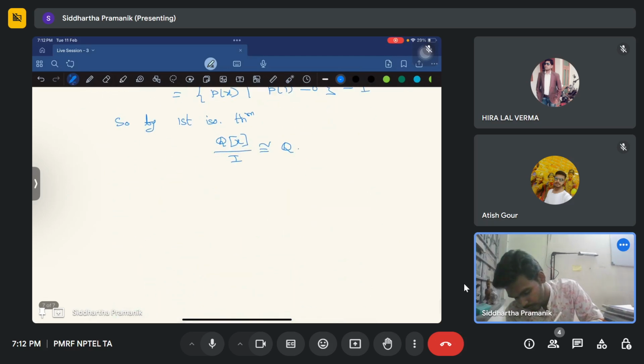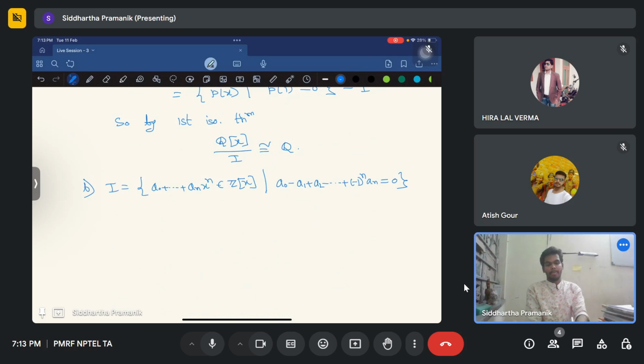So, in B, your I is the set of all those polynomials in Z[x] such that the alternating sum of the coefficients is 0. So if you take p(x) as the polynomial a0 plus ... plus an x power n, then what about p of minus 1?